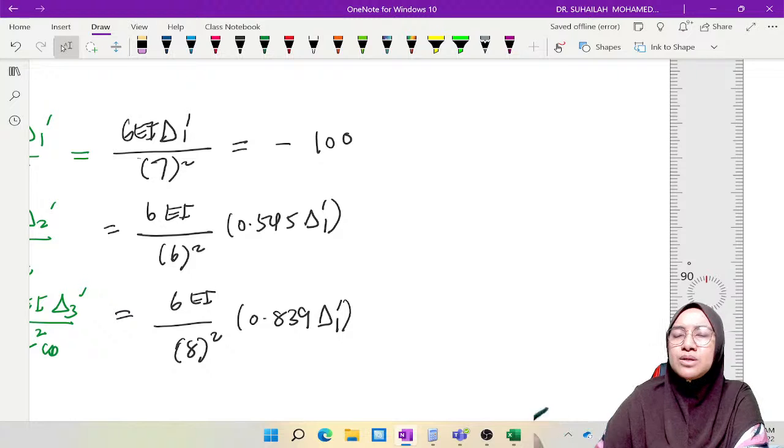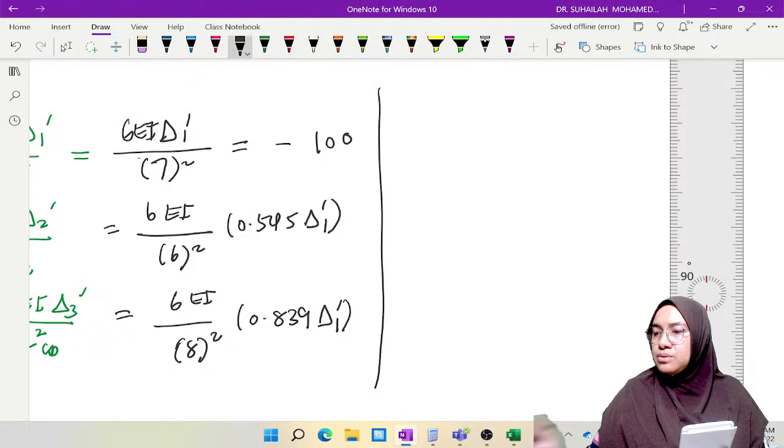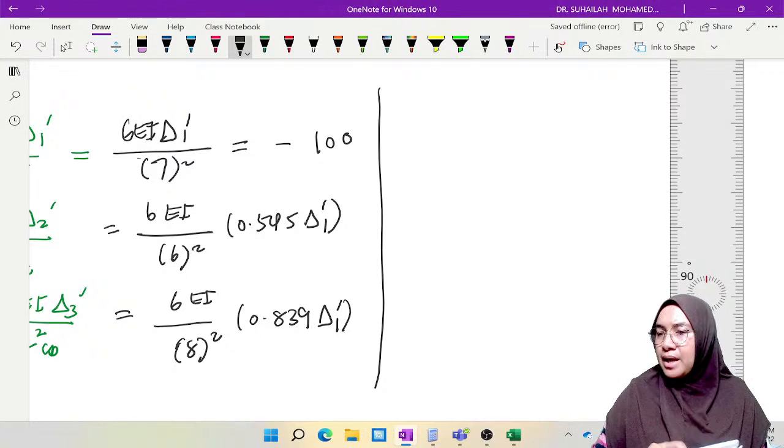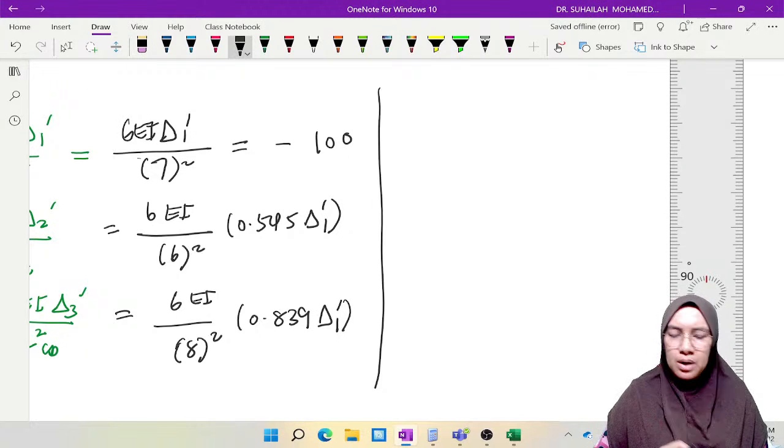So what should we get? We get 6 EI delta 1 prime equal to negative 100 times 7 square divided by 6.